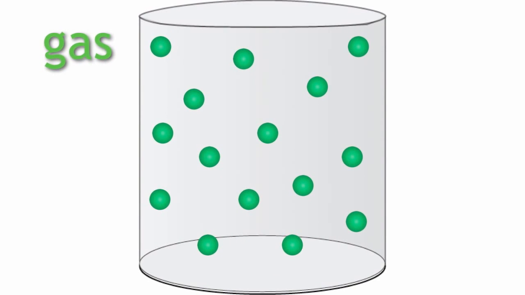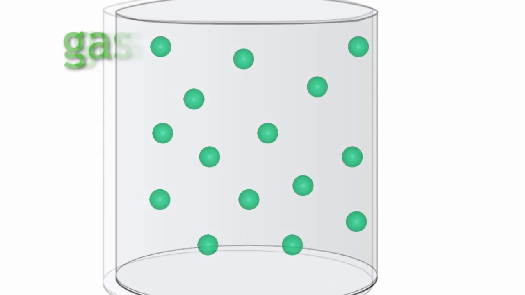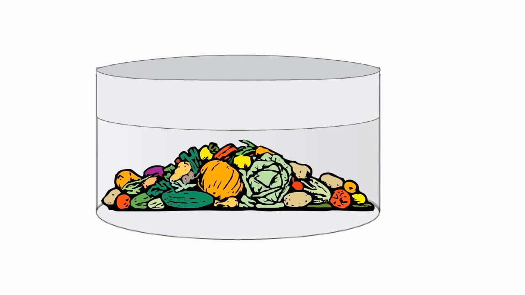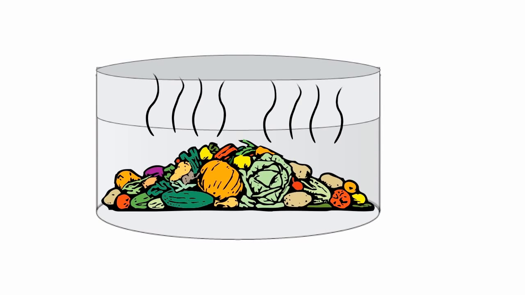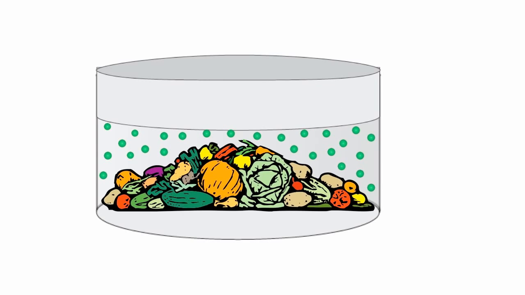This, of course, explains why a gas takes the shape of its container. It's because the particles will each continue to travel in a straight line until they hit something, in this case the wall of the container. So, the smelly gases given off by rotting vegetables in a sealed box will fill the box with rotting vegetable smell, but you won't be able to smell them outside the box.